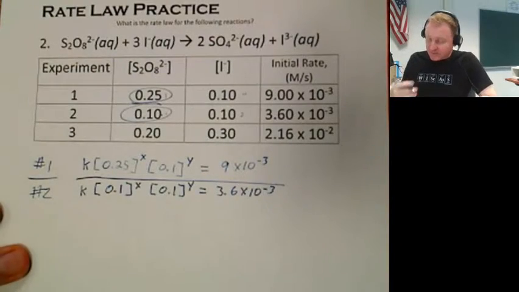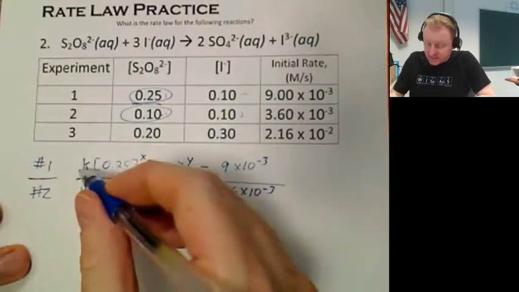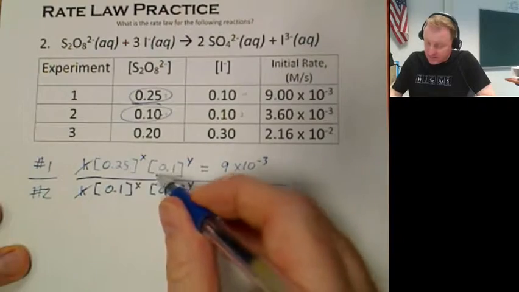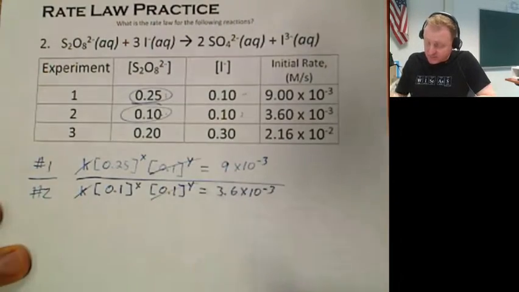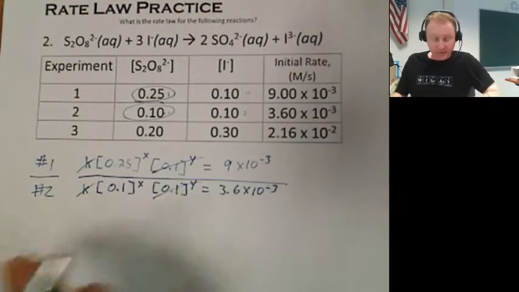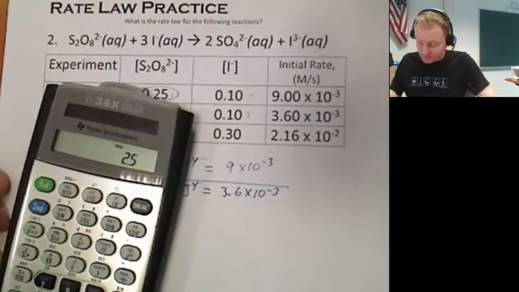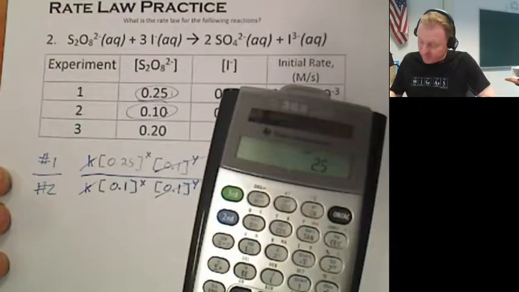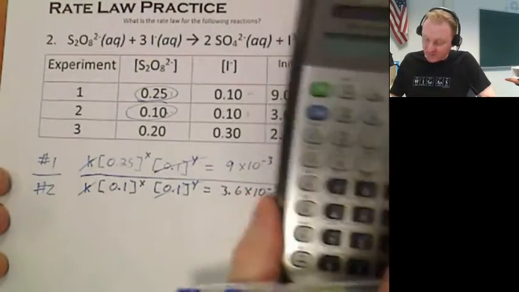Now, if you notice, if it's the same on the top and the bottom, they can cancel out. So the k's cancel with the k's. This concentration cancels with this one here. And so now what we have is 0.25 divided by 0.1, which is 2.5.